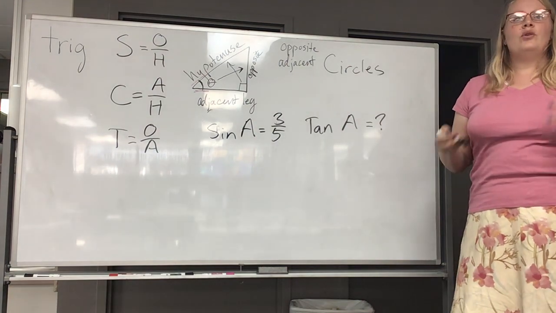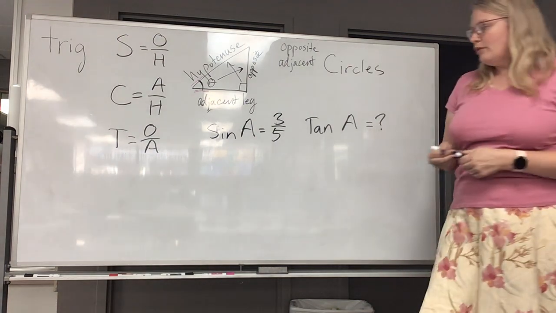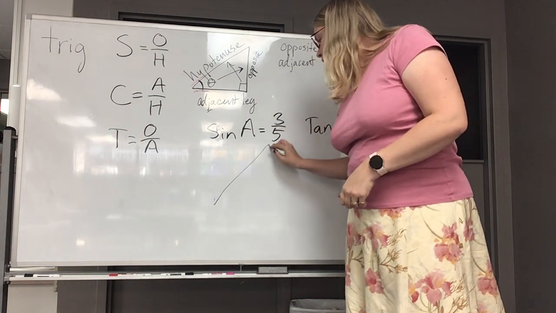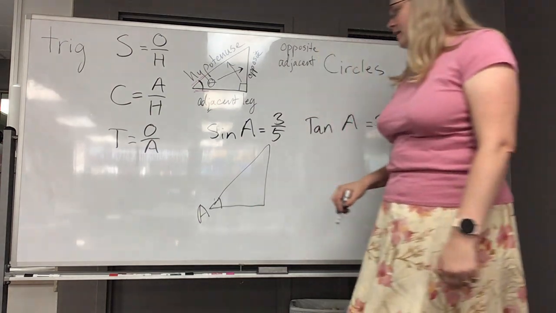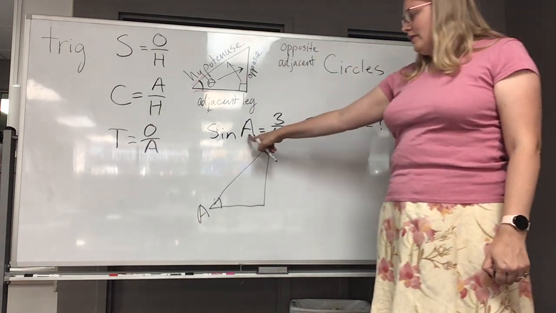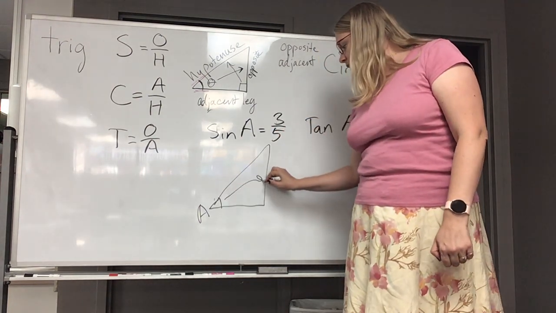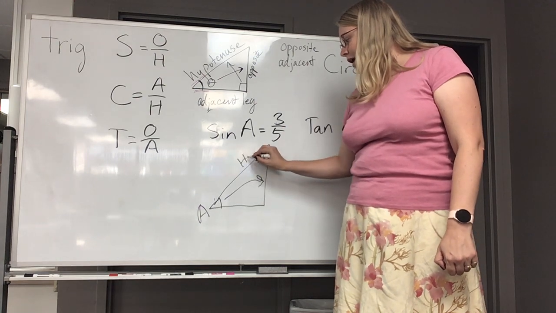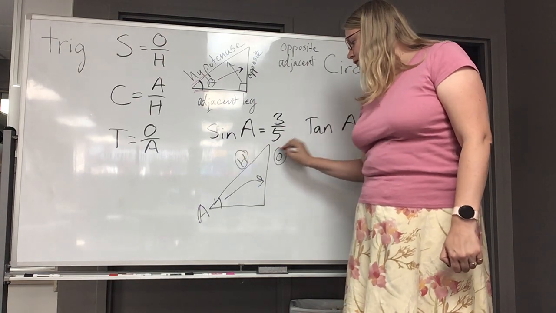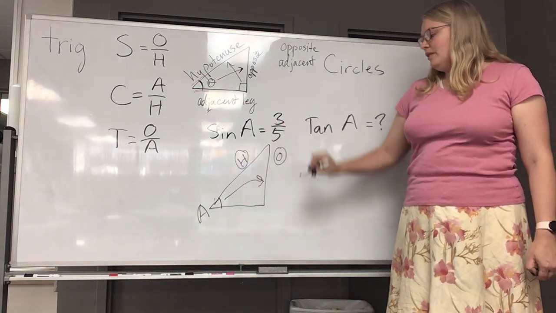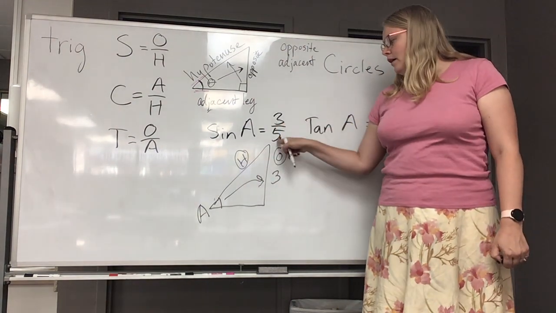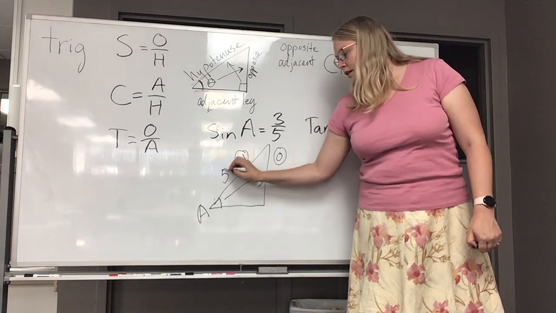The trig ratios are using right triangles. And so if we've got the sine of A, we've got a right triangle with an angle at A, and it's the sine, which is the opposite over the hypotenuse. So we know we've got the opposite, we've got the hypotenuse. Our opposite is 3. Our hypotenuse is 5.